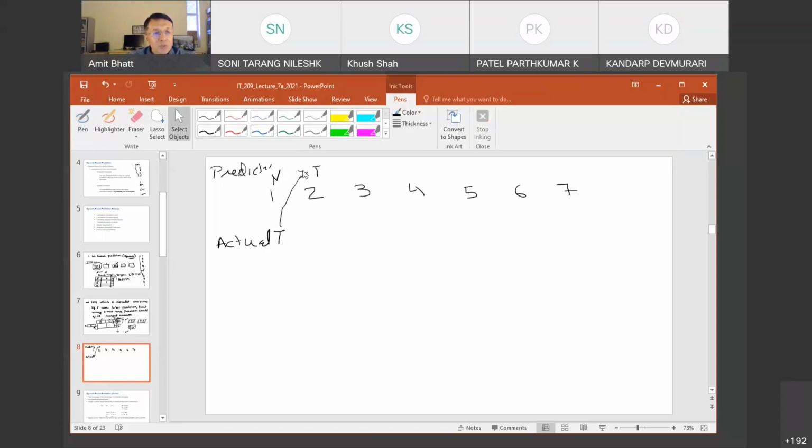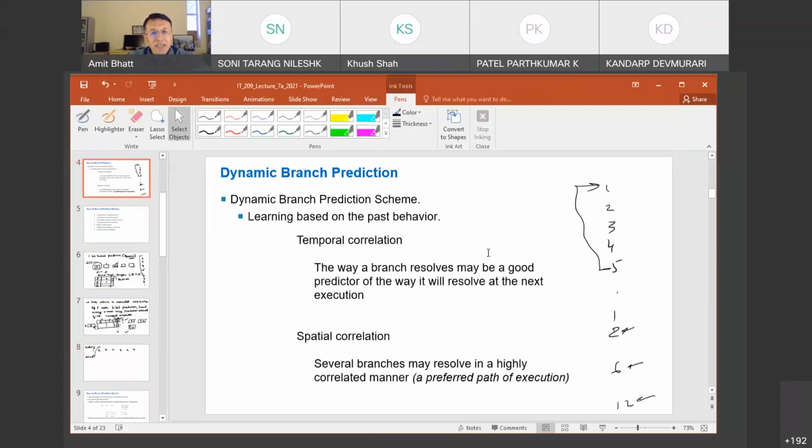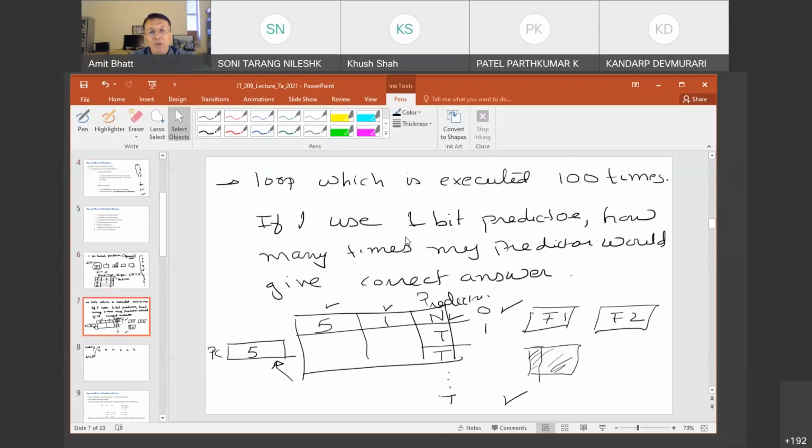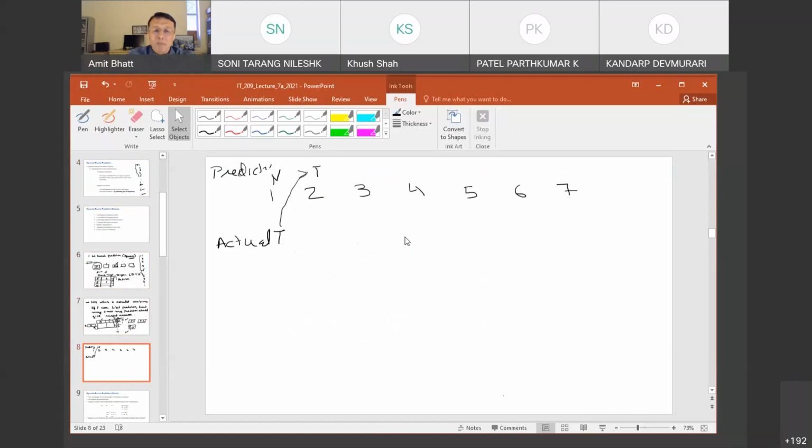And why so? We are using temporal correlation, which says the way a branch resolves may be a good predictor of the way it would resolve at the next execution. And even by inspection, you know that works very well in a loop.